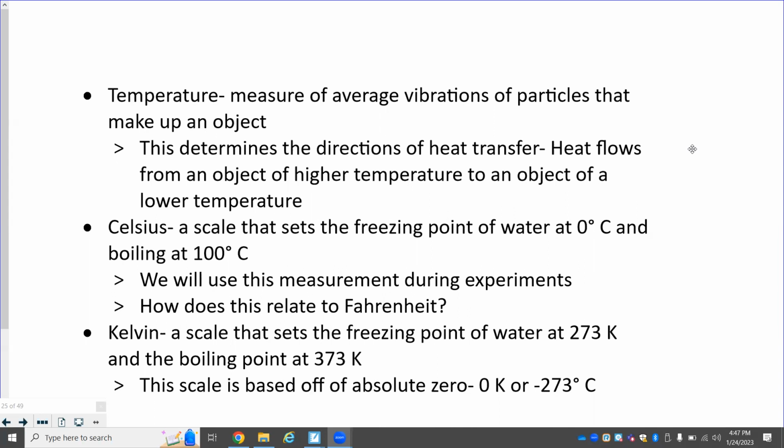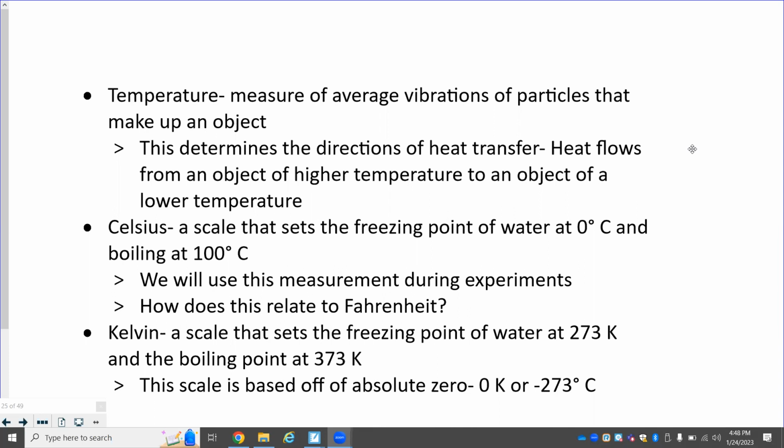So whenever we think of an object as being hot, that means the particles are moving very quickly, and we're actually feeling kind of that kinetic energy overall. Whenever we perceive an object as being cold, those particles are moving at a slower rate for us.